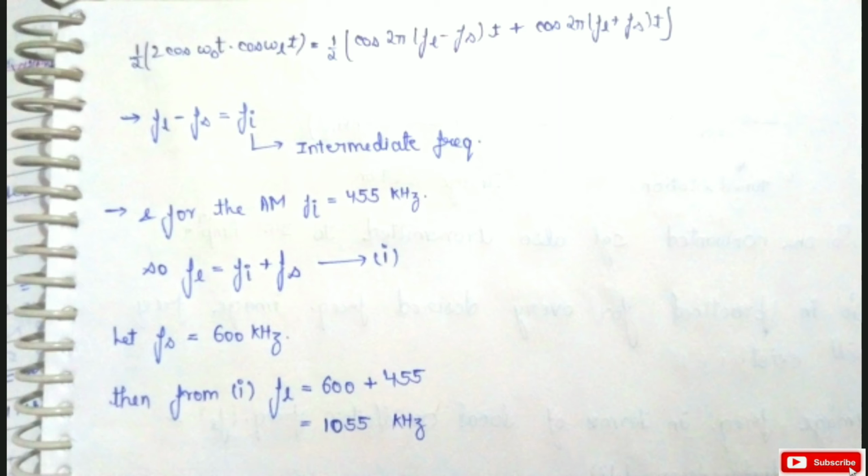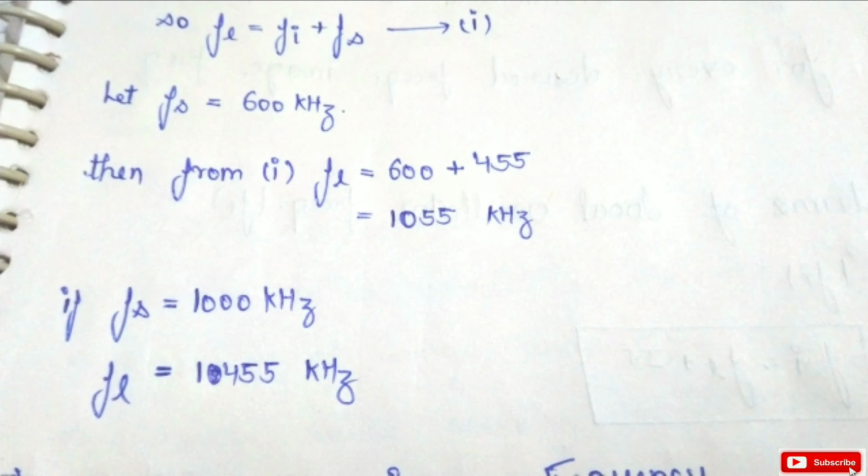Then this resultant will be passed to the band pass filter. The term FL minus FS is passed by the filter, then this term FL minus FS is passed to the intermediate frequency amplifier. Let's assume that the intermediate frequency is Fi, and for AM, according to the standard set up by the FCC, it is limited to 455 kilohertz.